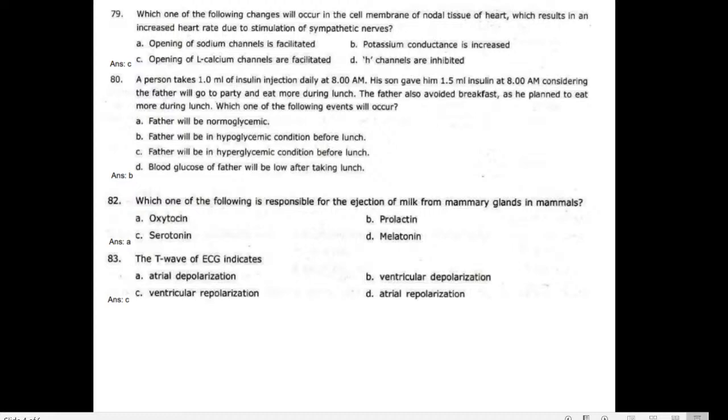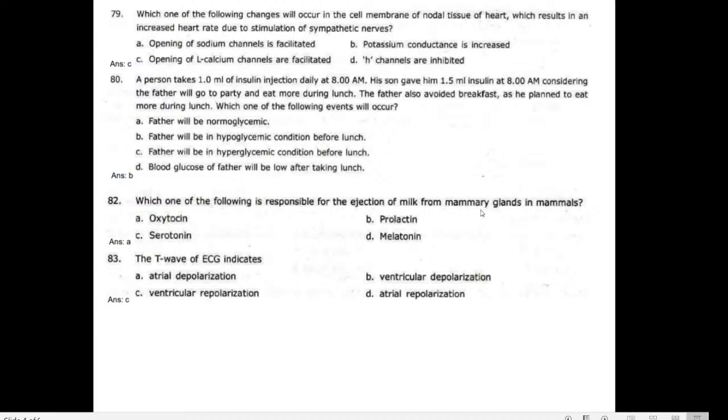The hypoglycemic condition is fully about the lowering of blood sugar level. This may cause many side effects in the human body, because the injected insulin utilizes all the body glucose, so it's a very dangerous one.